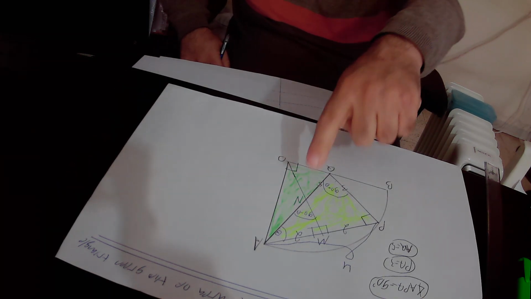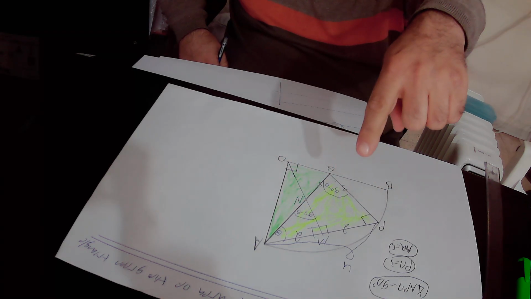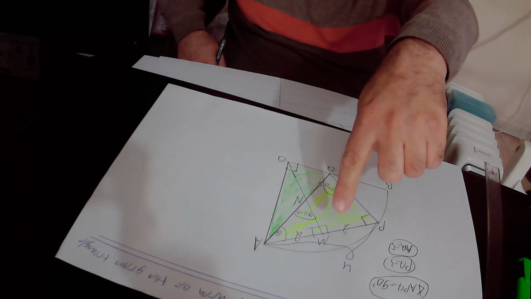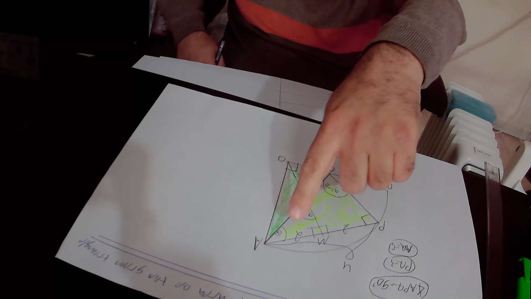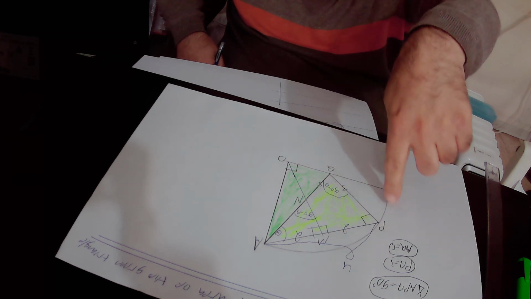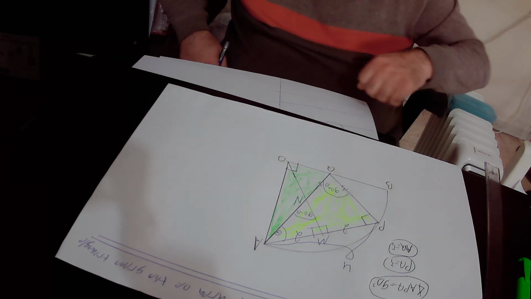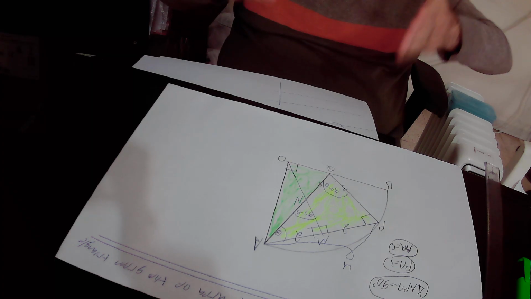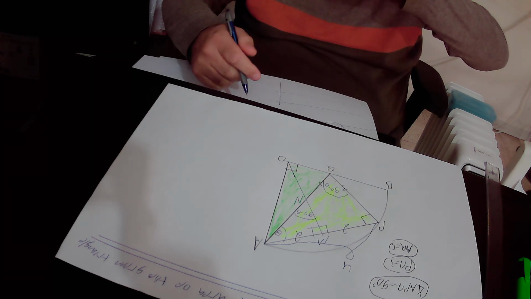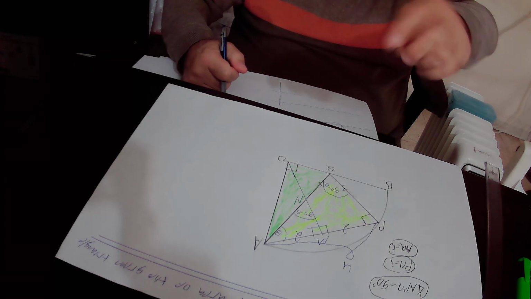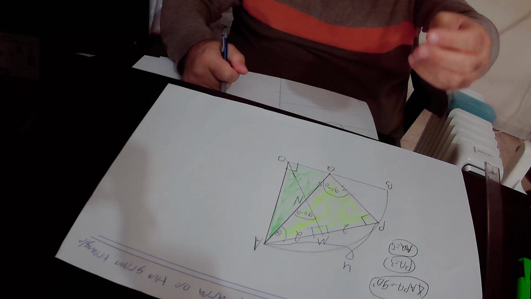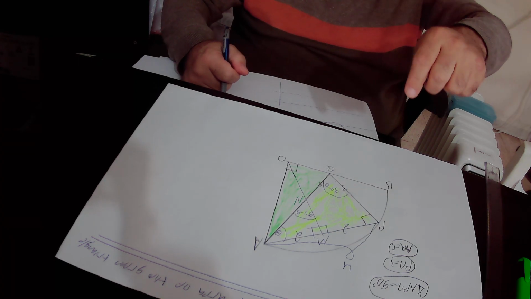In addition, this angle, angle theta, is a common angle that belongs to both triangles. It belongs to the small triangle AMN, and it also belongs to the big triangle APQ. So we can write down that angle theta equals itself. We call angle theta two different names.